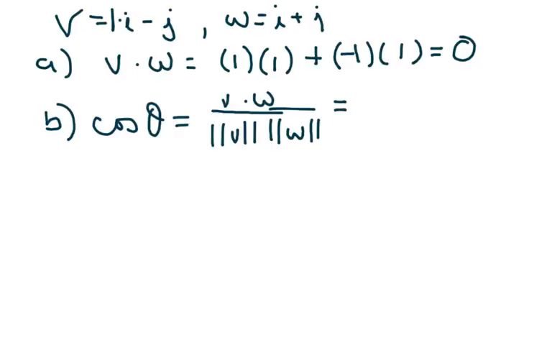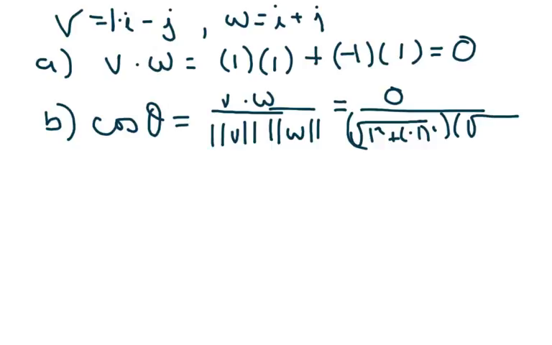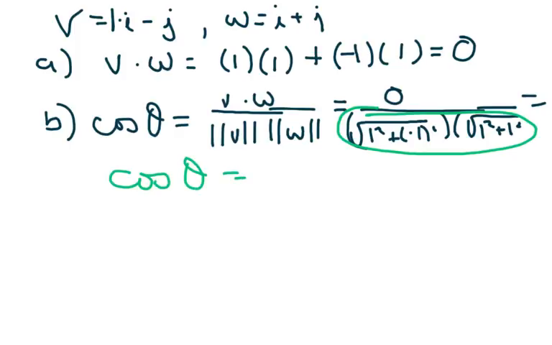So basically we're going to get 0 over the square root of 1 squared plus negative 1 squared, times the square root of 1 squared plus 1 squared. We don't even need to do this, because 0 divided by anything equals 0. So cosine of theta equals 0.